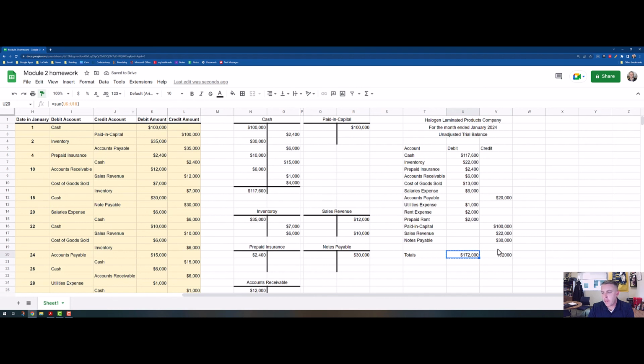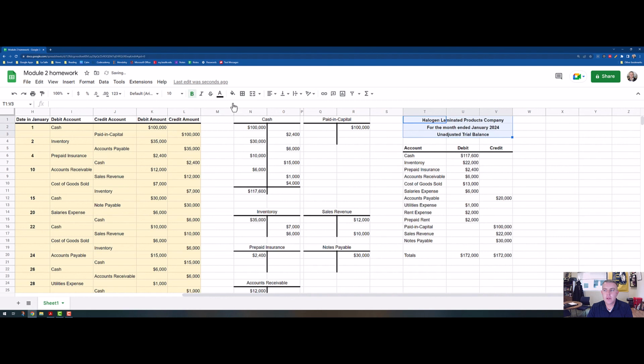How about that? Alright. Now, let's make this look nice. We're going to bold. I'm going to center this. Actually, I'll leave this one left justified. Let's put a border on this guy. What do we got here? Border. And I'm going to bold this section here to make it look nice. Put this down here. I'll do bold. And then I want these guys to have that summation notation.